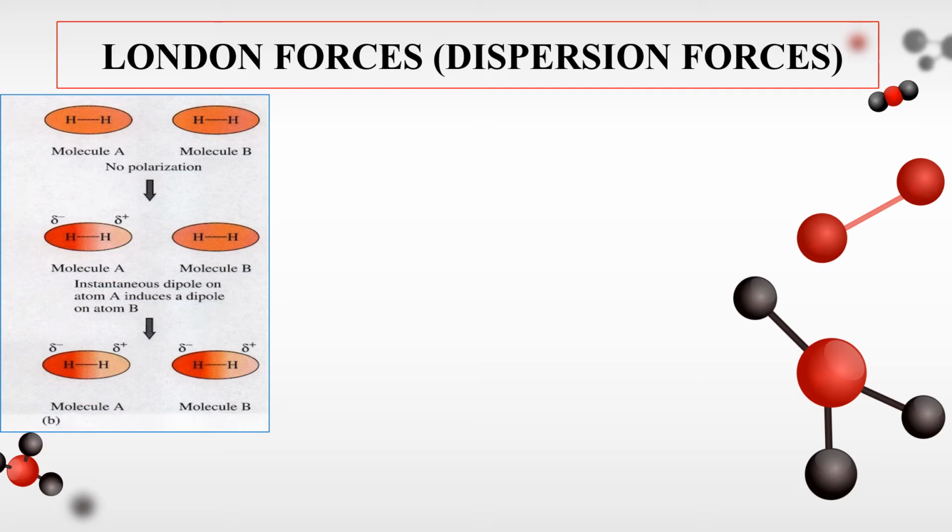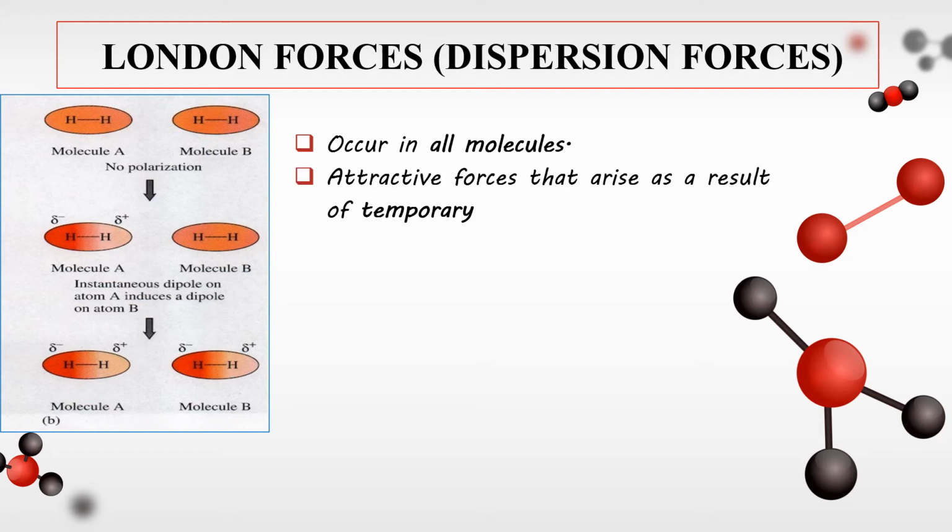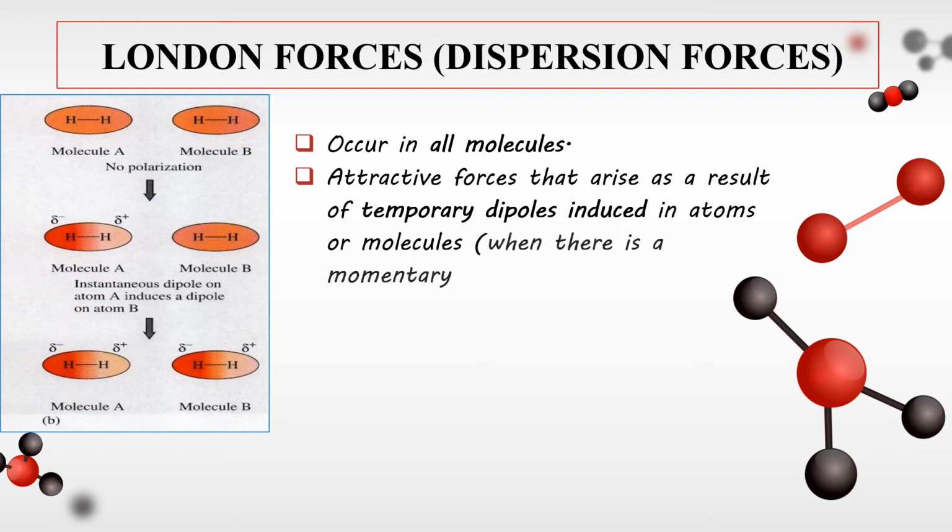But at any instant, one of the hydrogen molecules has an instantaneous dipole on atom A, and this instantaneous dipole will induce a dipole on atom B. When the two hydrogen molecules have an instantaneous dipole, the dipoles attract one another, and this is what we call London forces. Basically, London forces occur in all molecules, and are even significant in nonpolar molecules.